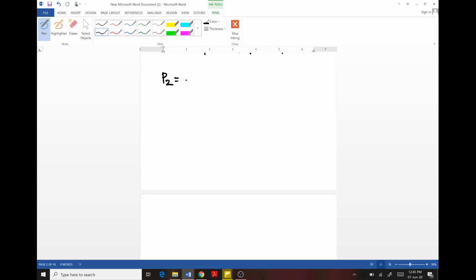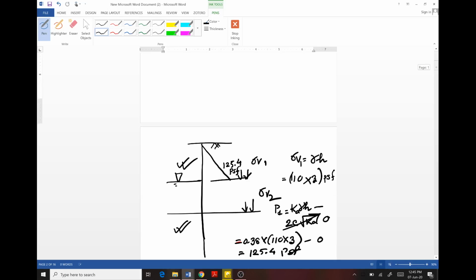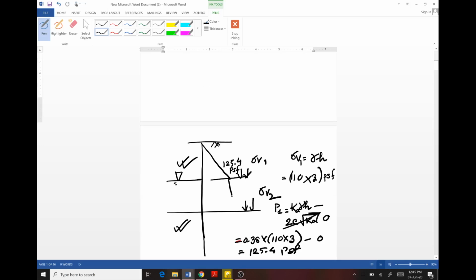So P2 is 110 into 3 into 0.38 plus 110 minus 62.5 into 10 into 0.38, which makes it 305.9 PSF. So P2 equals 305.9 PSF.